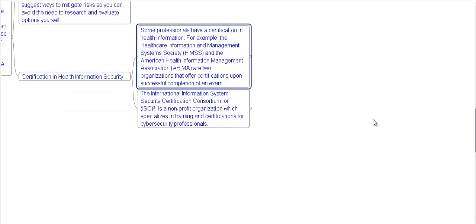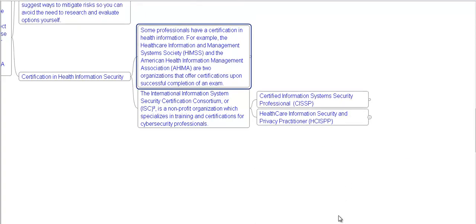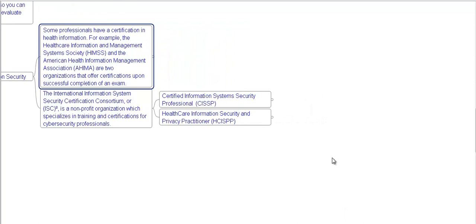The International Information System Security Certification Consortium, or ISC2, is a non-profit organization which specializes in training and certification for cybersecurity professionals. Certified Information Systems Security Professional (CISSP).